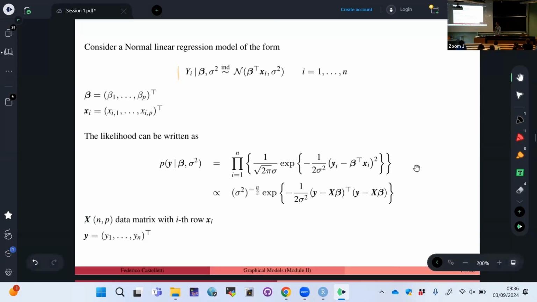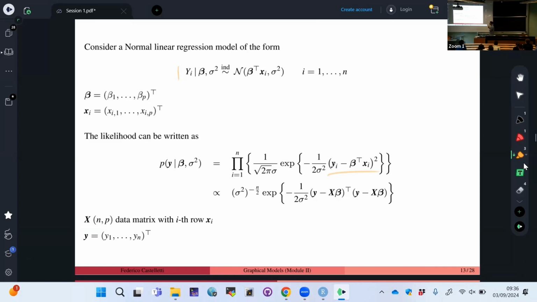If we have a normal linear regression model like this under the assumption of independence, then we can write the likelihood function as a product, i from 1 to n, of univariate normal probability density functions, where in the exponential kernel we have y_i minus beta prime x_i, our linear predictor, which is the residual. If we put the product within the exp, this becomes a sum.